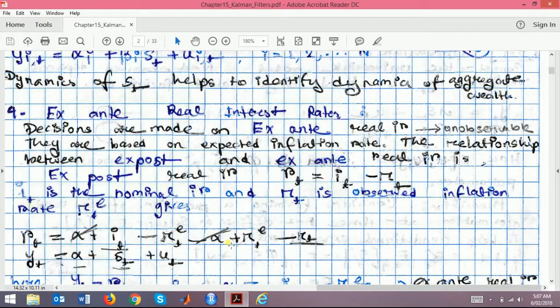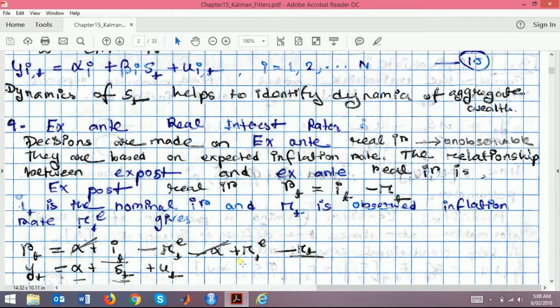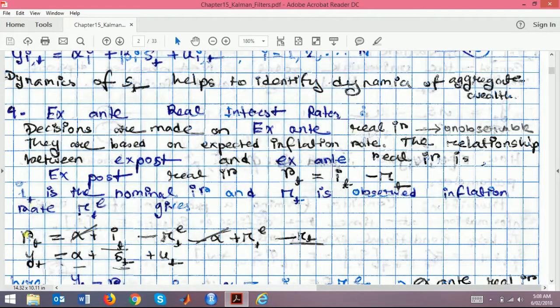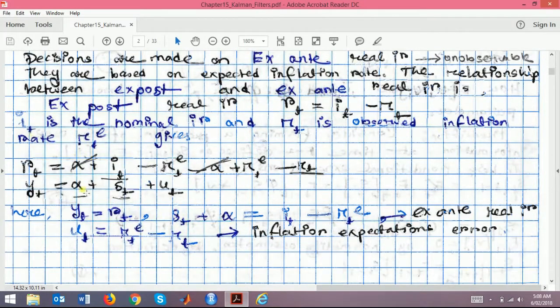That's all, nothing else. Just the difference between ex ante and ex post interest rates is taken here, so delta r is taken, and when we do that, we are left with y = alpha + S_t + U_t, that is the regular equation.